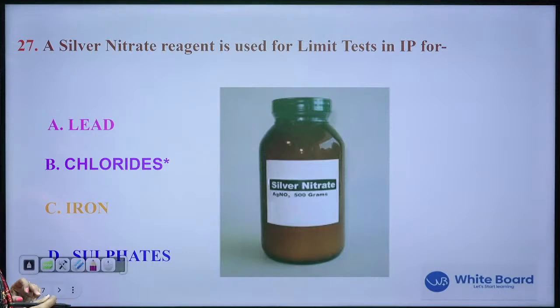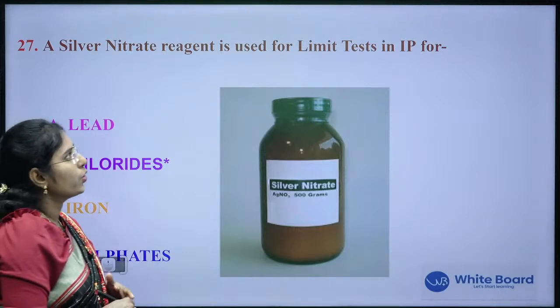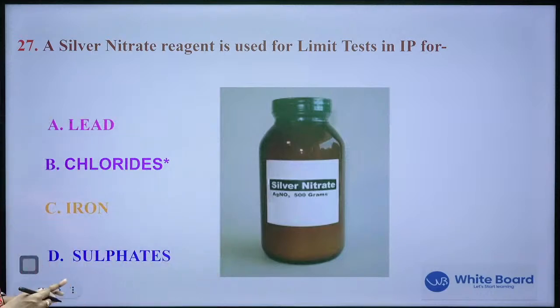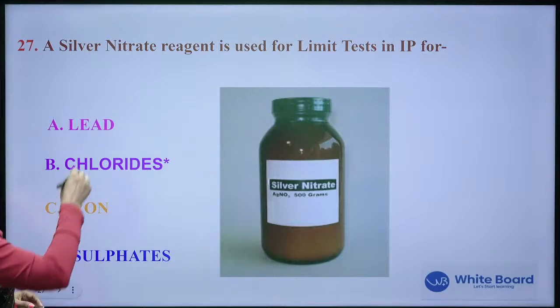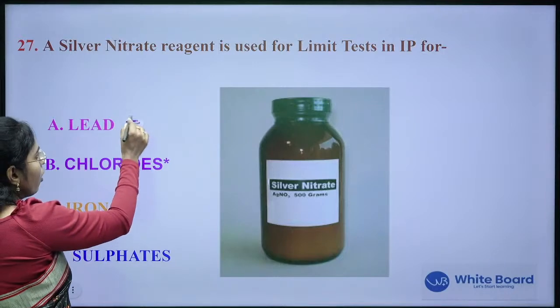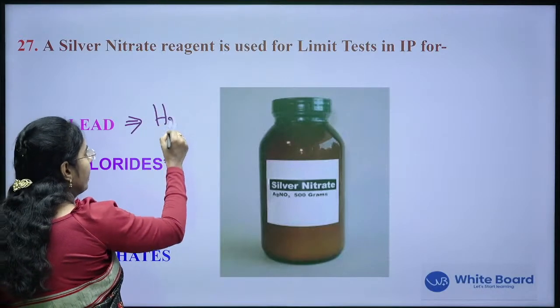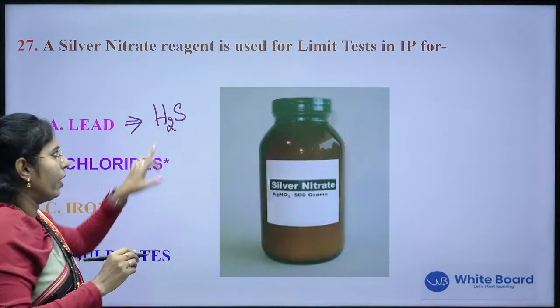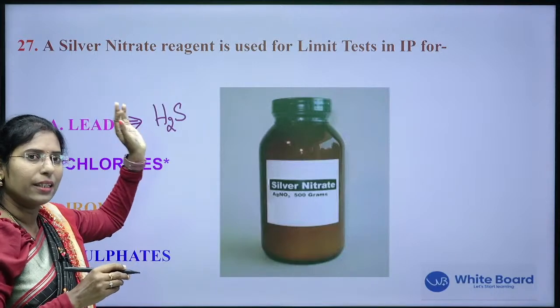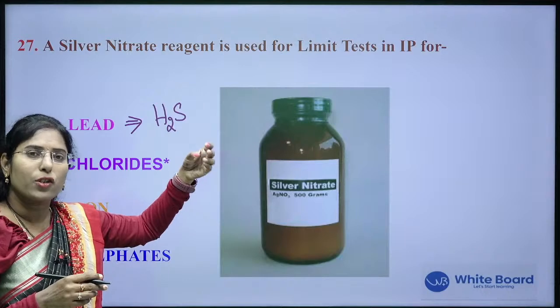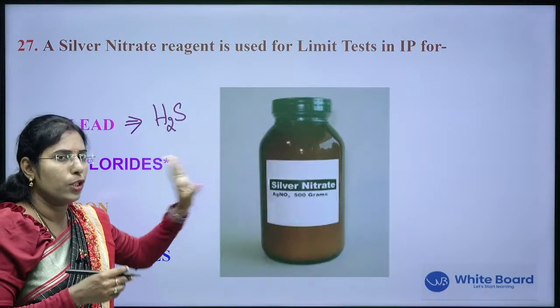Next question, a silver nitrate reagent is used for limit tests in IP. Here they have given 4 options. In case of lead, the reagent used is hydrogen sulfide. Hydrogen sulfide reacts with the lead and gives lead sulfide, which gives a brown color to the solution.